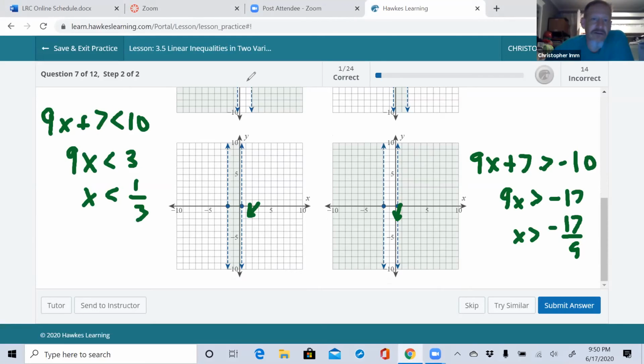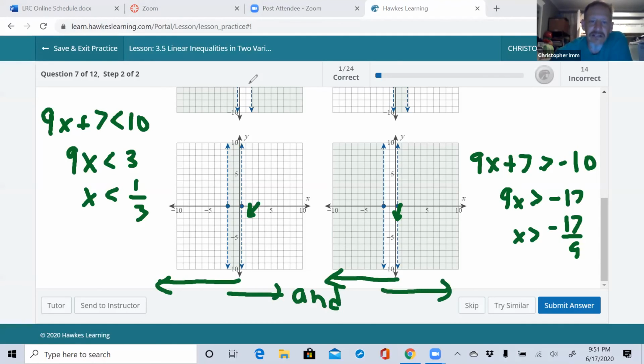So now the connector becomes important. And the connector that we had here was an AND connector. So we have to have everything where x is less than 1/3, so it's going this way, and everything x is greater than -17/9, so that's this way.